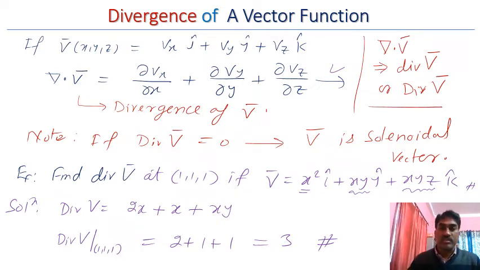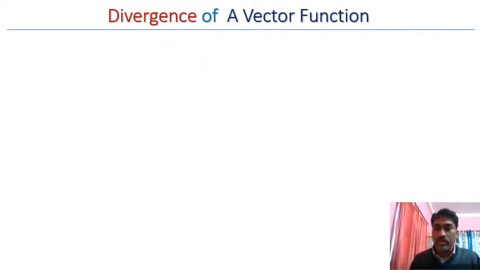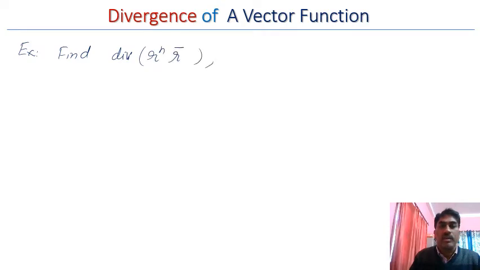So this is a scalar quantity. And as a next example, find the divergence of r^n r, where the vector r is given by xi plus yj plus zk.